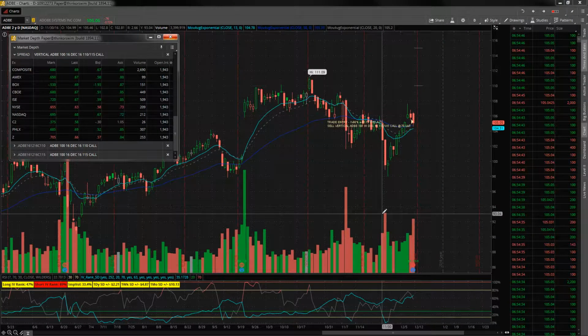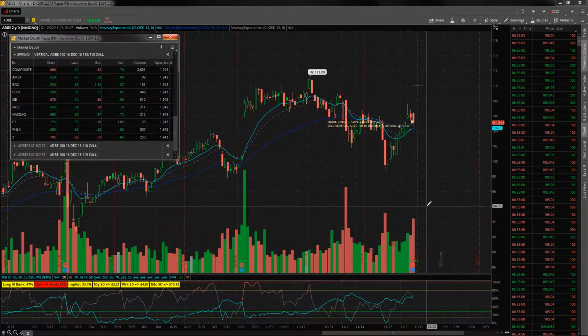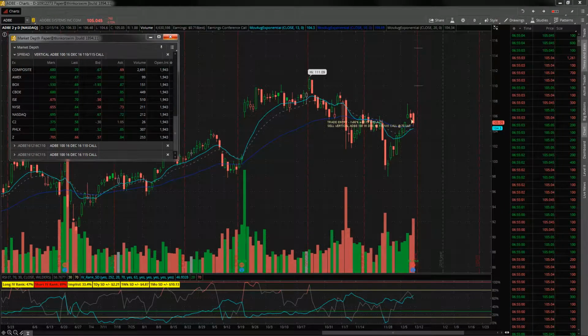This is once again why trading options is so much more superior than any other utility out there. Being able to trade non-directional, and this is just a simple position.